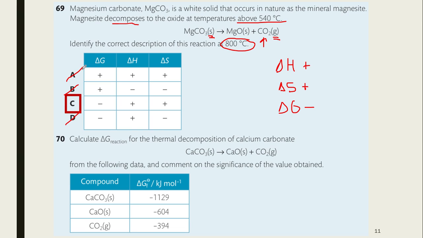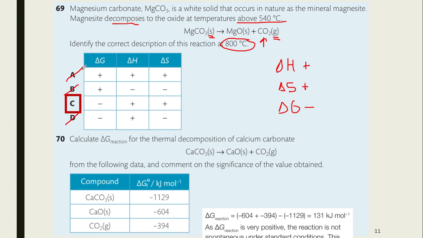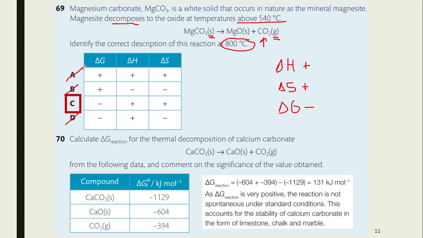Here we're given the Gibbs free energy of formation values, which means you have to do products minus reactants. And when you do that, you would get positive 131 kilojoules per mole. Now, as you can see here, this value is very positive, and it is not spontaneous under standard conditions.